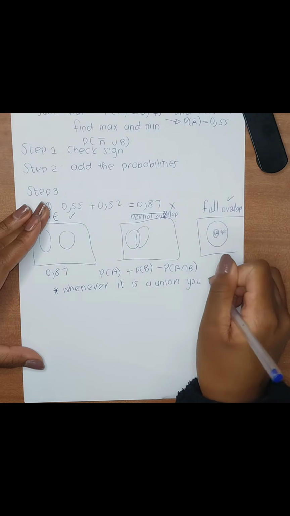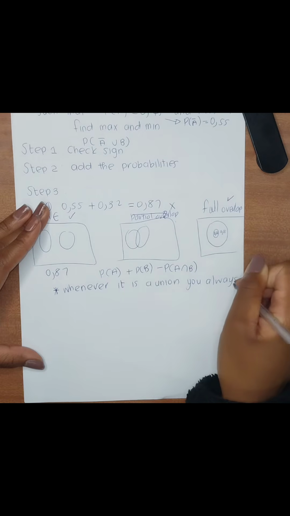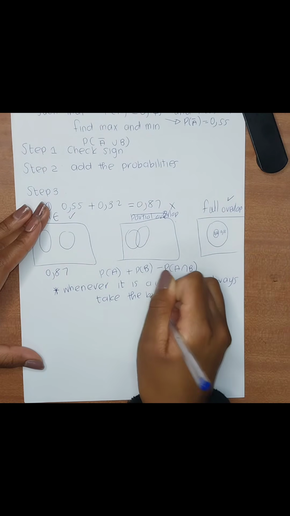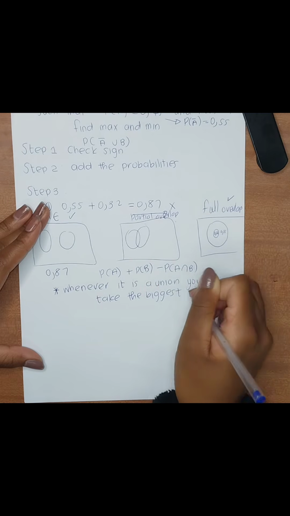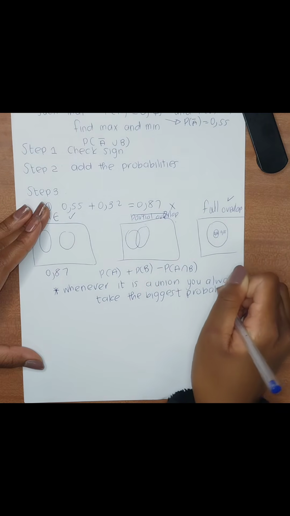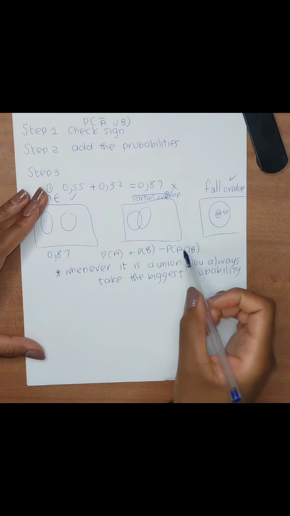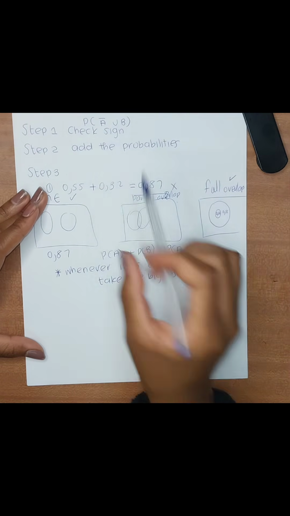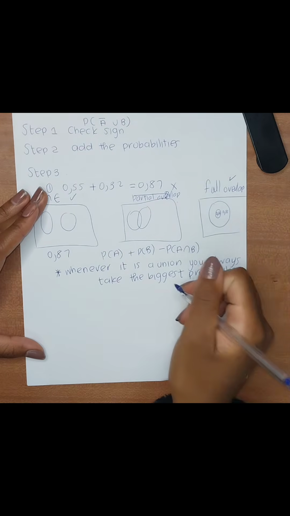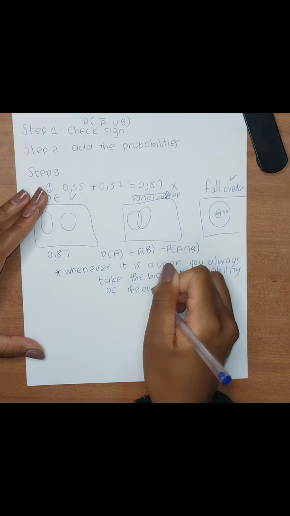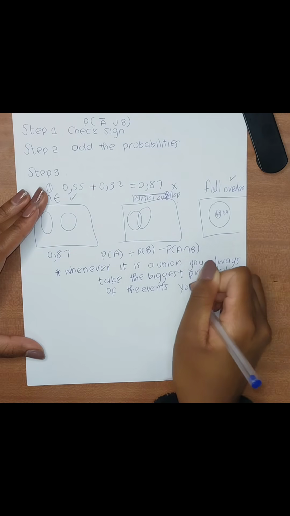You always take the biggest probability of the events that you are concerned with, not just any event, the events of not A and the other in the B1. Biggest probability of the events you are concerned with.